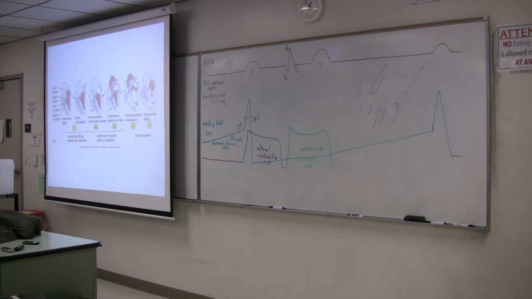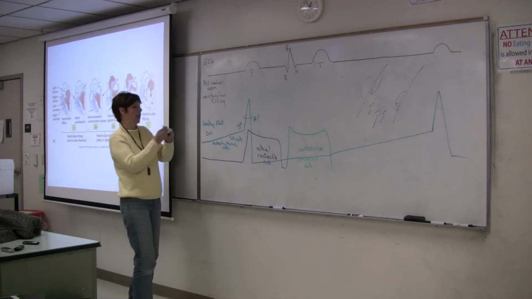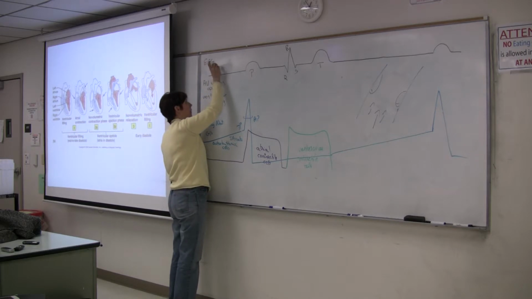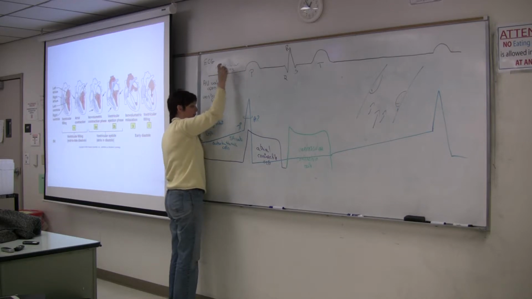Okay. So, in this cycle, ventricular filling is where we started out here, okay? So during this time, we have ventricular filling. What is required for ventricular filling?